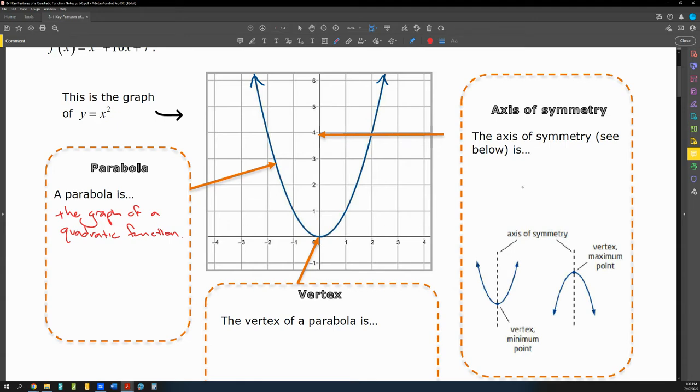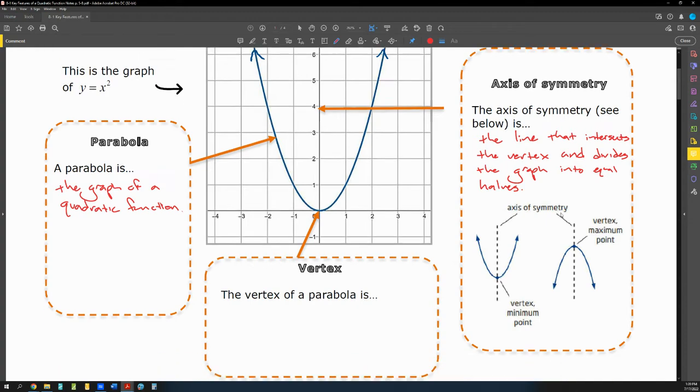The axis of symmetry is the line that intersects the vertex, which we'll talk about momentarily, and divides the graph into equal halves.